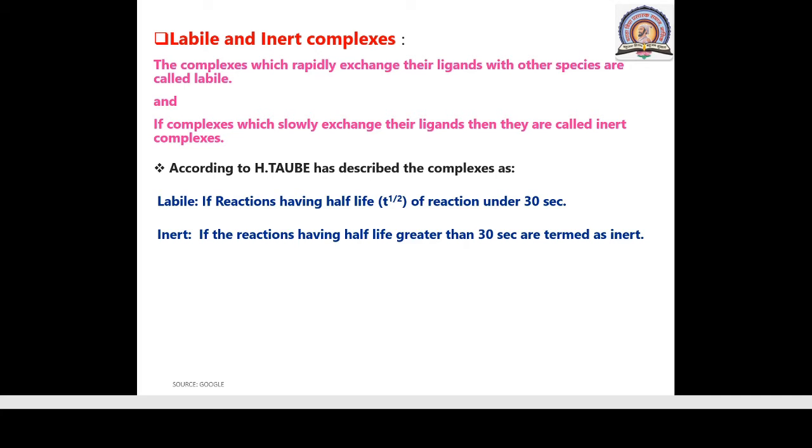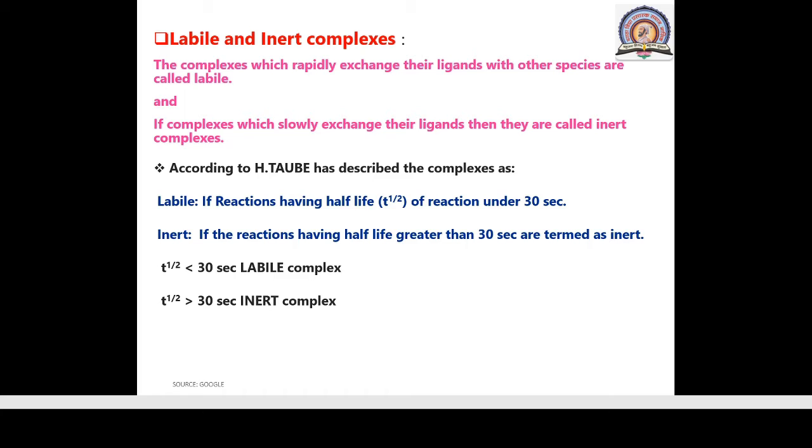If the half-life is greater than 30 seconds, those complexes are called inert complexes. In simple language, if t 1/2 is less than 30 seconds, the complexes are labile, and if t half is greater than 30 seconds, the complexes are inert.